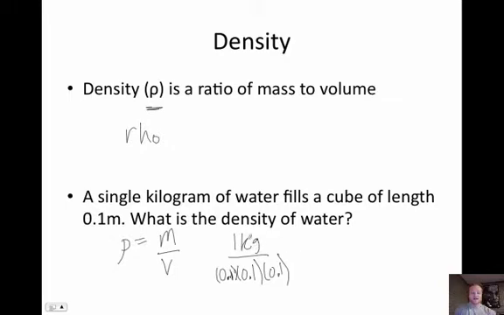All right, so 1 divided by 0.1 times 0.1 times 0.1 will actually equal 1,000 kilograms per meter cubed. And that actually is the density of fresh water. So that's a number you might want to keep in mind, because we're going to be using that number quite a bit today in this video.